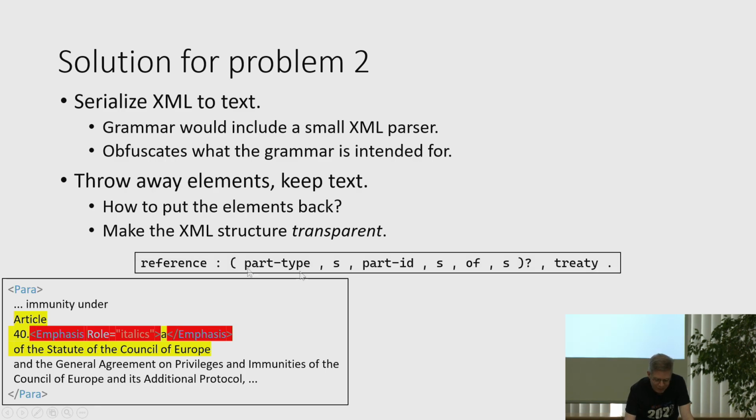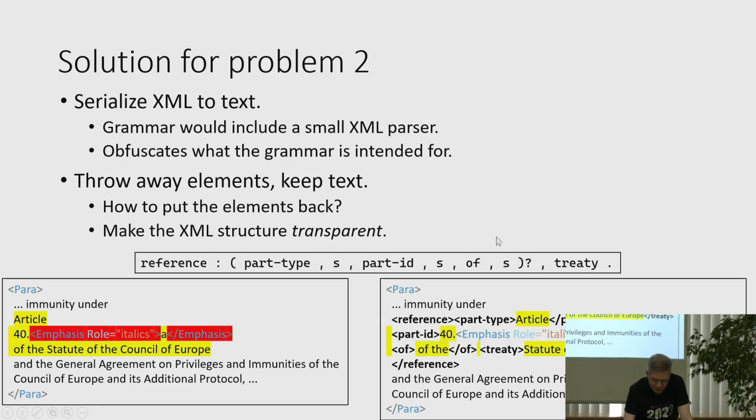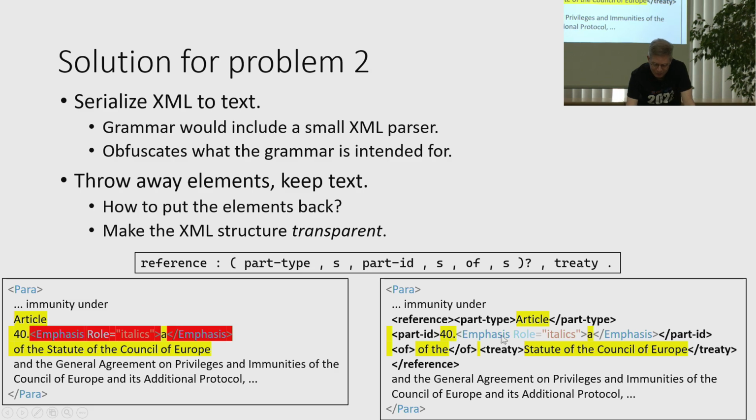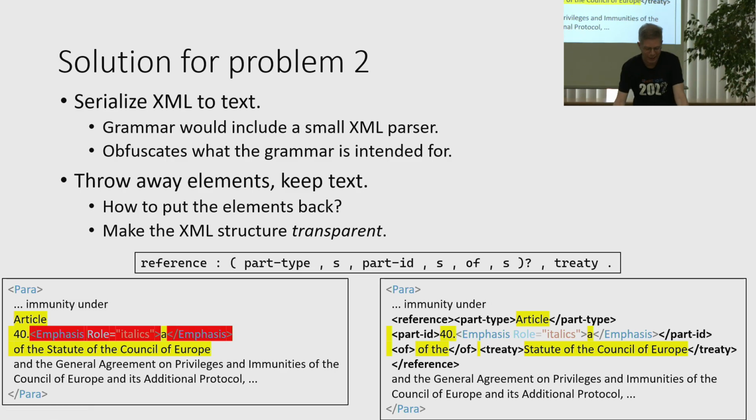And in fact, if I have this rule that I showed before, then the transparent Invisible XML parser will ignore these XML elements, and it will parse the text and then put in these bold XML elements, which result from the parsing using iXML. Then it will put the emphasis back, and we have an enriched document with additional XML elements.